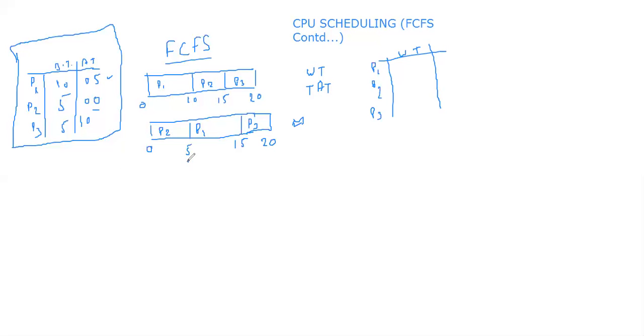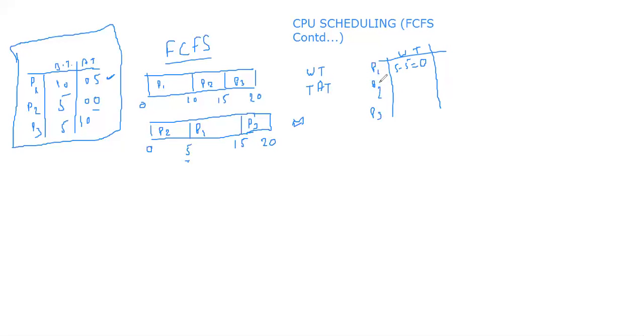Let's start with P1. P1 arrived at 5 units of time and, as we see in this diagram, got its chance at 5, hence 5 minus 5 is 0.